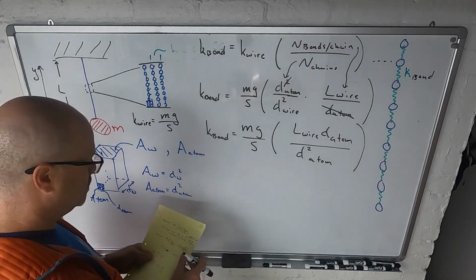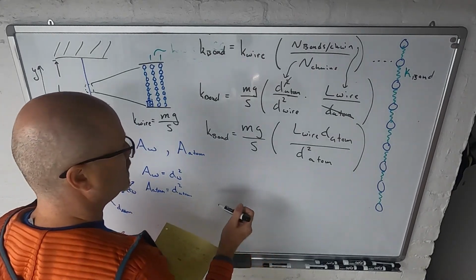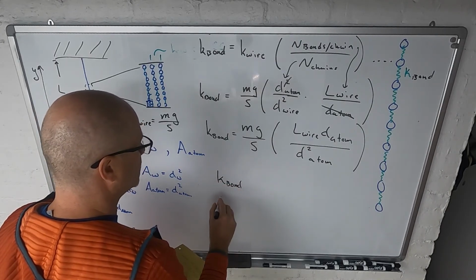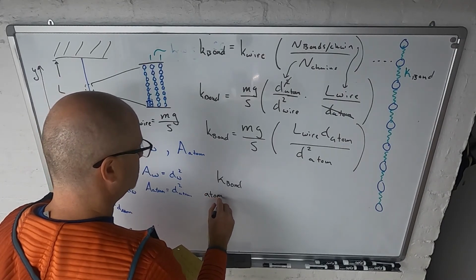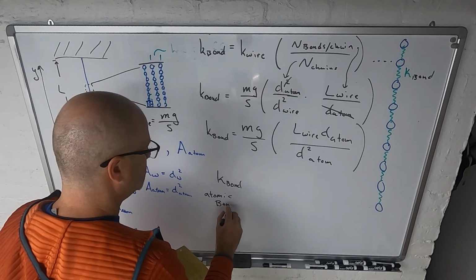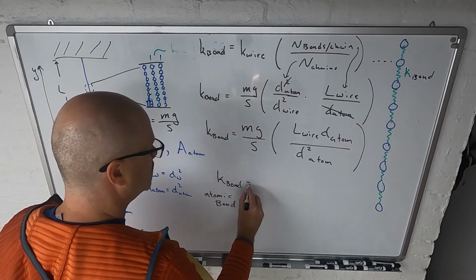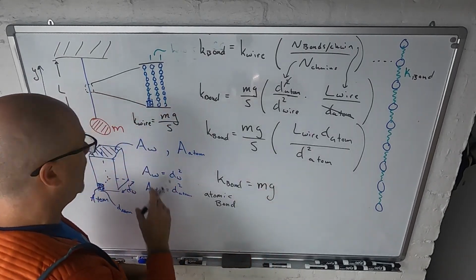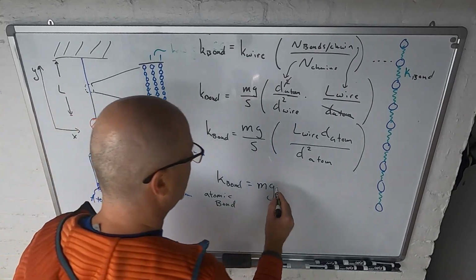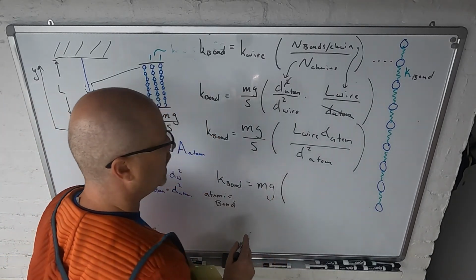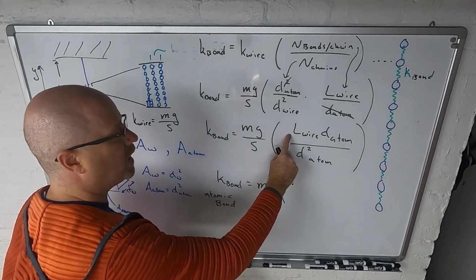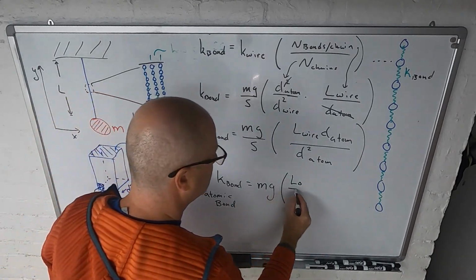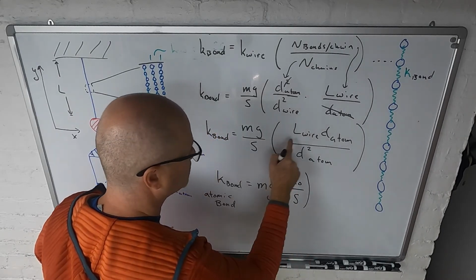So I'm going to put things here in terms of a couple interesting quantities that go together in my mind. K of a bond, of a single atom. So this is an atomic bond. The strength of an atomic bond is equal to, well, mg, acting on a mass that's hanging from my macroscopic object, times, well, here's the L of the wire. That's L naught. L naught over S. I'll bring my S and my L naught together.